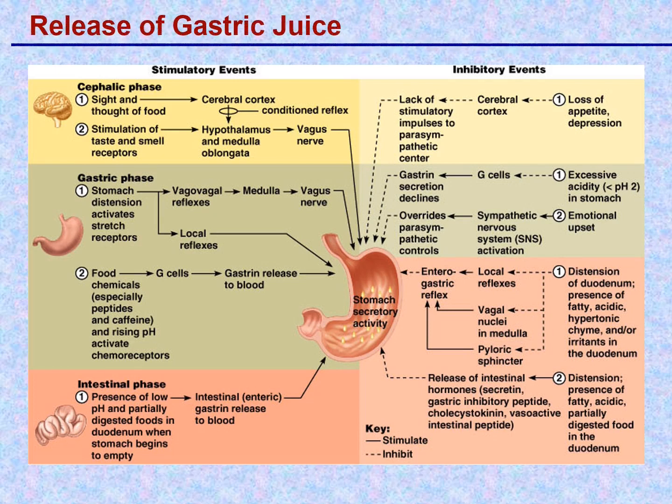And all of these events that I've talked about so far, the cephalic phase, the gastric phase, and the intestinal phase of the stomach and duodenum, are described in more detail here, but the key parts are present, and you have stimulatory events and inhibitory events, and I've emphasized the ones that I think are key.